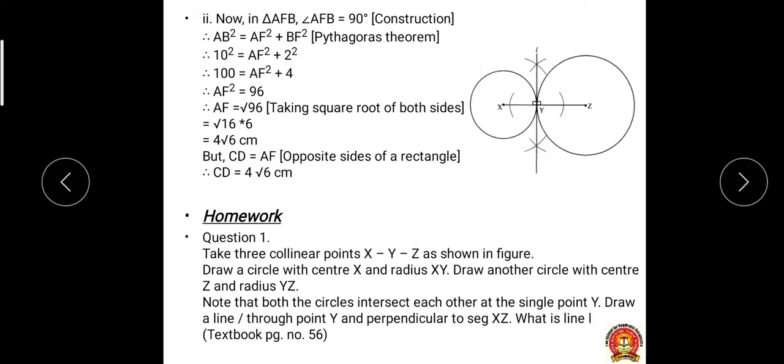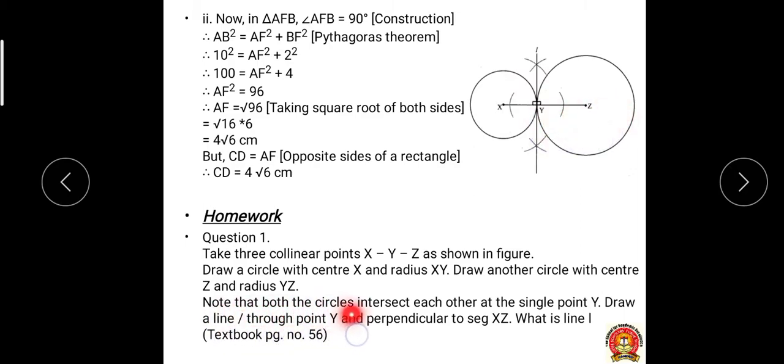This question I have already drawn here, but this is the homework. You have to draw it using the compass and send it to me. Take three collinear points X, Y, Z as shown in the figure. Draw a circle with center X and radius XY. Draw another circle with center Z and YZ as radius.